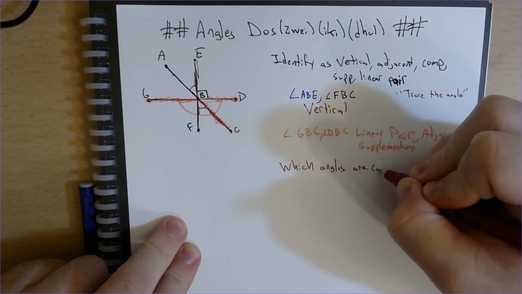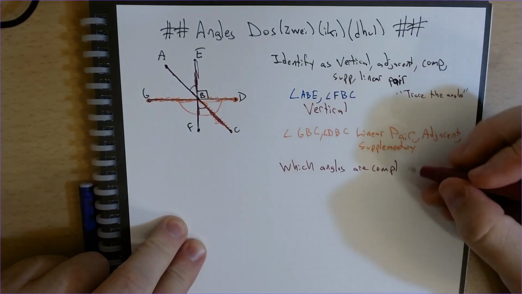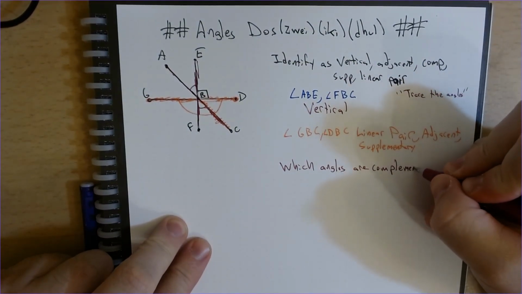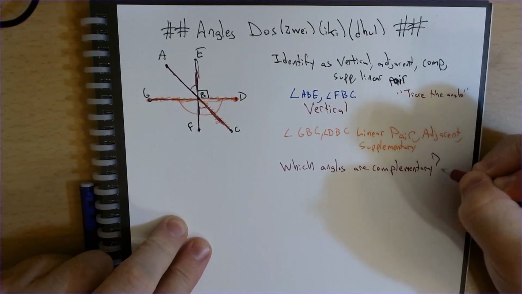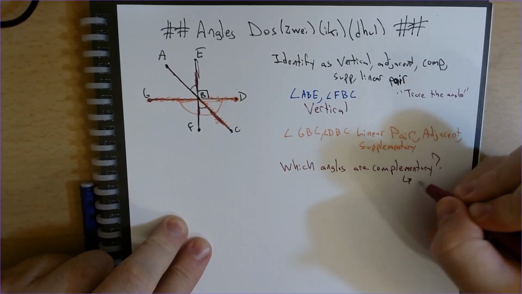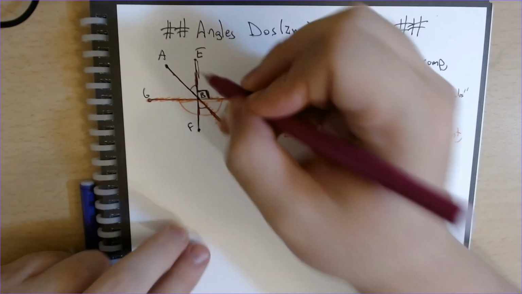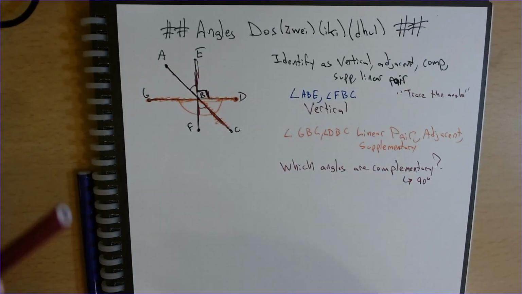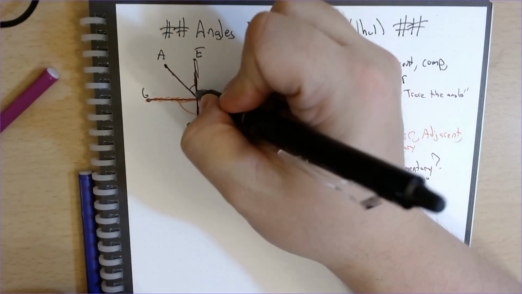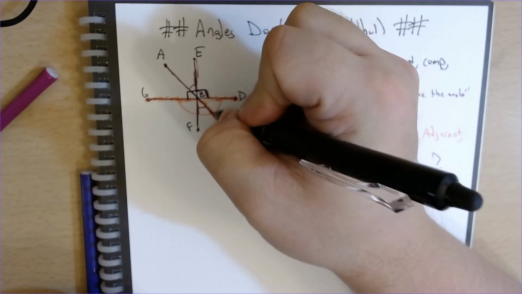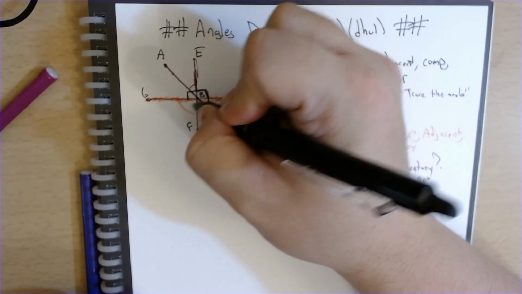Now, if I asked you which angles are complementary, there's actually a lot of different answers here. But let's just go with the easiest one. Remember, complementary means 90 degrees. I conveniently have a 90-degree symbol right there. So if this is 90, this is also 90, this is 90, and this is 90.